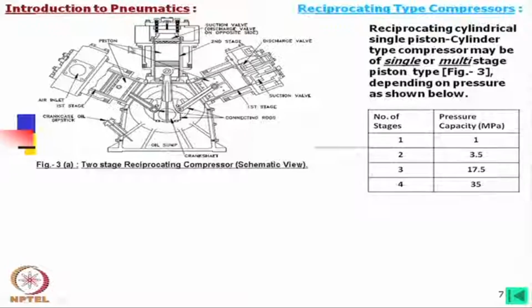Anyway, if we come to this compressing machine, what we find is, here is one set of piston cylinder, here is another set of piston cylinder, and here this is the third. If you look, these two are identical, they even have the same discharge valve and suction valve. Now these two cylinders together pump the air for the first stage. That means the air is taken from the atmosphere and compressed to reach a certain pressure.